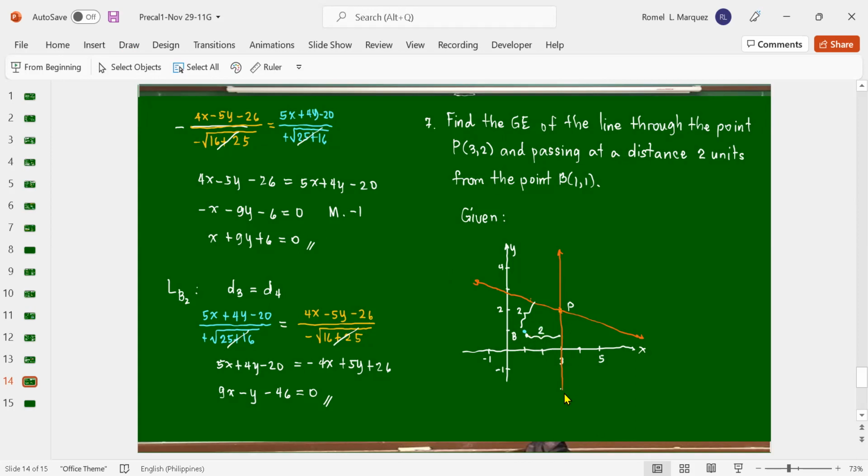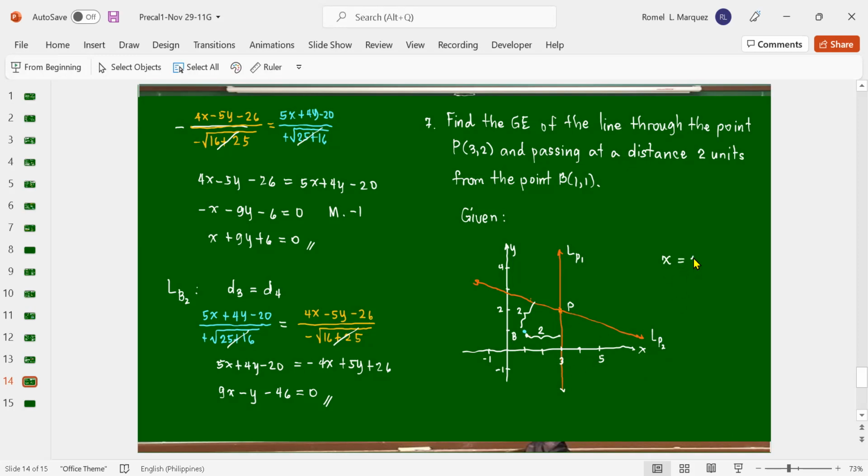So one guaranteed line is this vertical line. One possible answer is this line through P1, and then another line through P2, which we're going to solve. So one possible answer is x equals what?